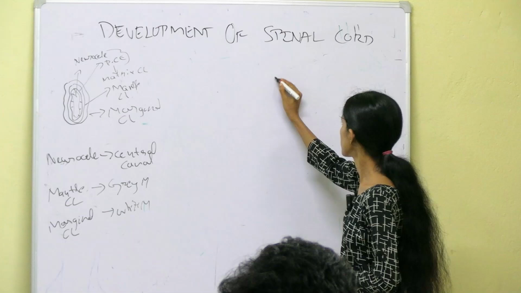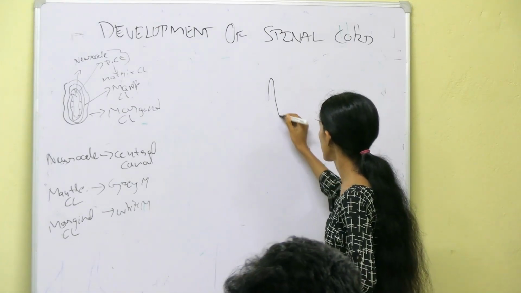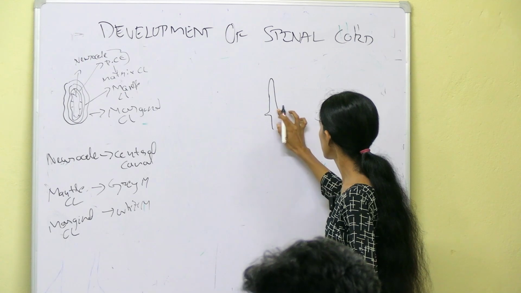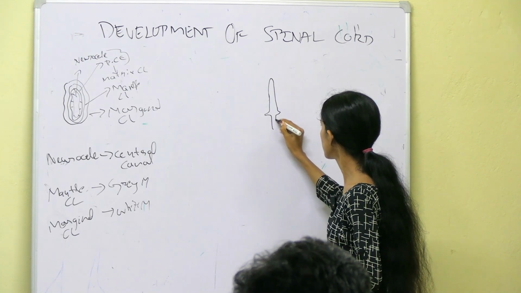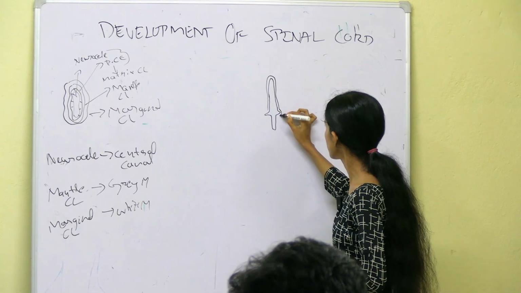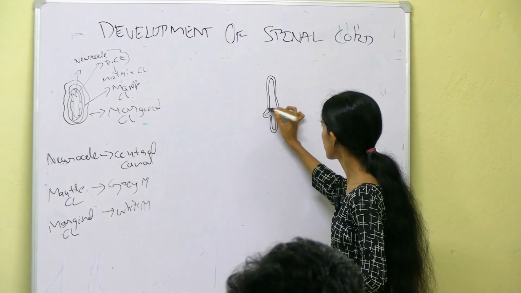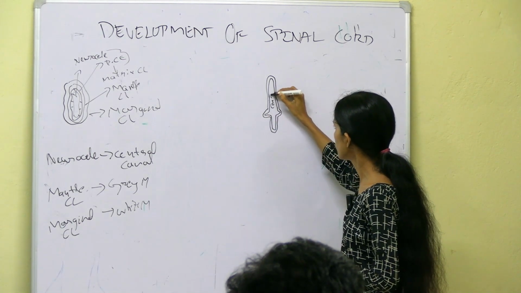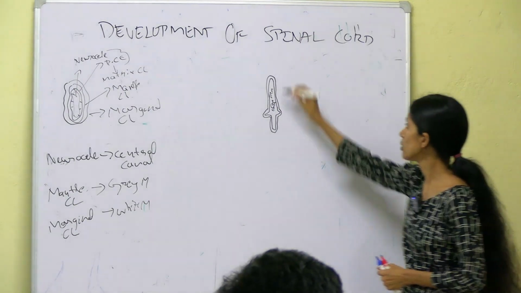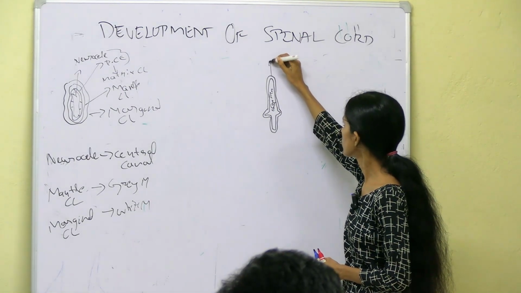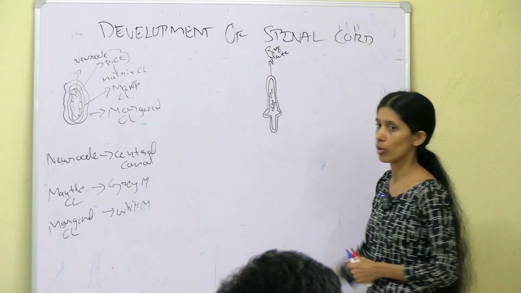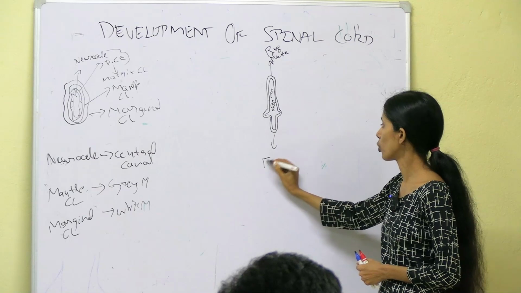Okay. So, now we will see the formation of your spinal cord. This is the central canal, okay. This area will be your roof plate, okay, and this is the floor plate.